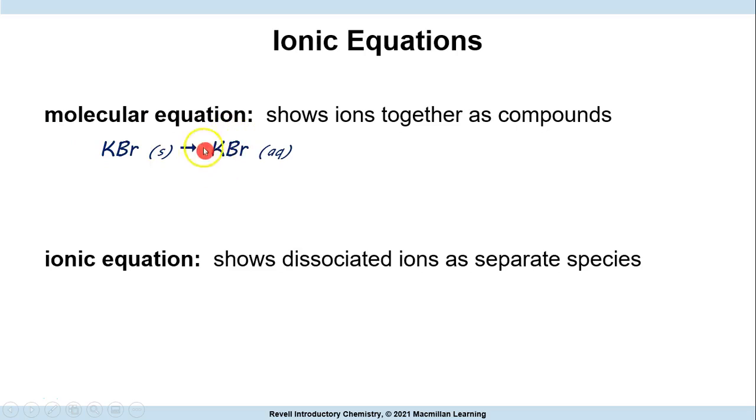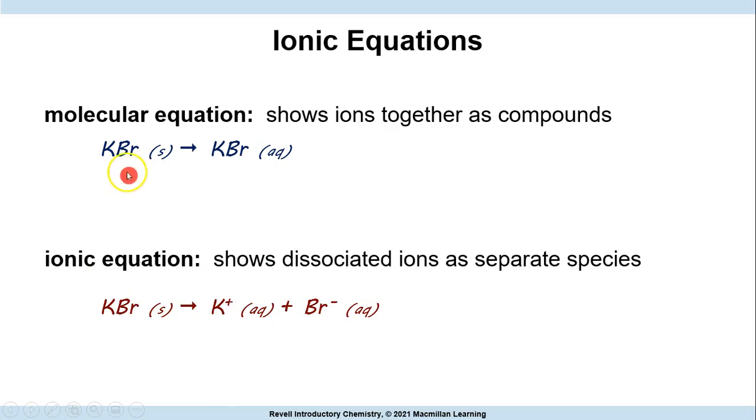The molecular equation is going to be potassium bromide in aqueous solution. So that is a molecular equation. Now, what is the ionic equation going to look like? The ionic equation is going to contain the potassium bromide dissociated into its potassium ions and its bromide ions. So that is what we see here. The ionic equation contains the potassium ion and the bromide ion.